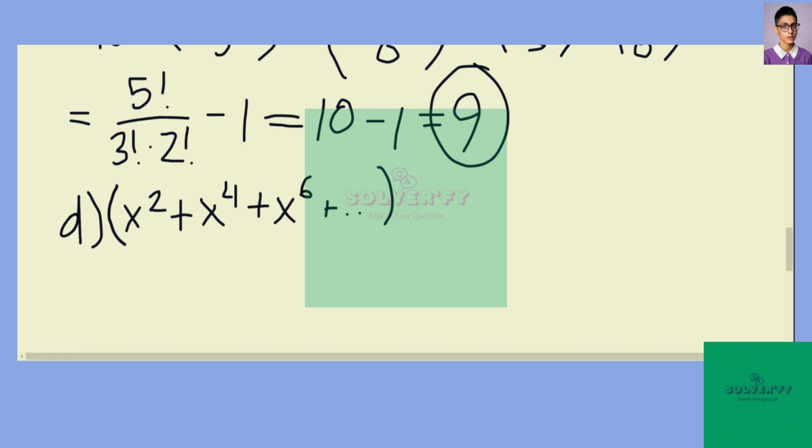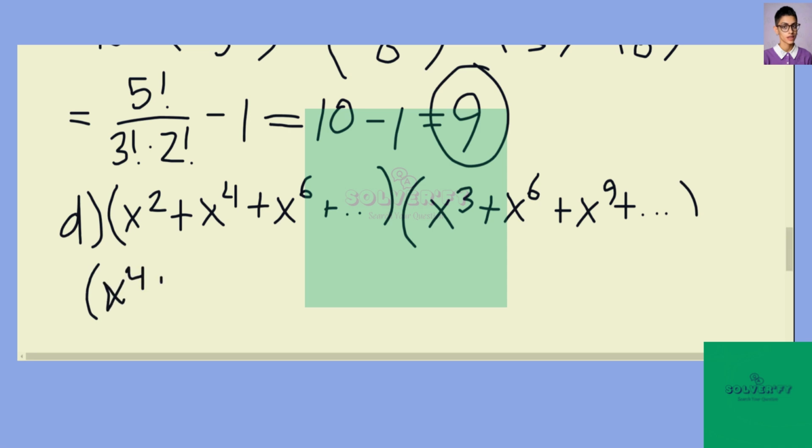Times the function x cubed plus x squared plus x to the 6th plus x to the 9th and so on. Times the function x to the 4th plus x to the 8th plus x to the 12th and so on.